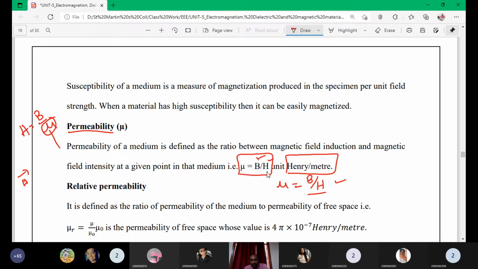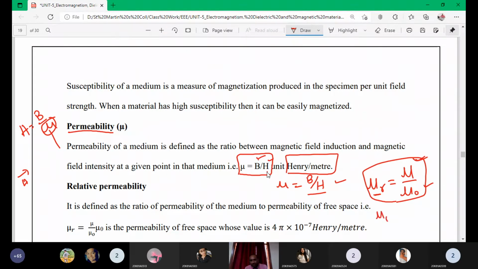Like relative dielectric constant, here also there is relative permeability. It is given by the definition: medium permeability to free space permeability. Relative permeability mu r is given by medium permeability to free space permeability.